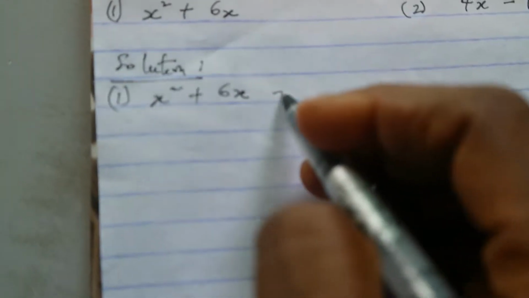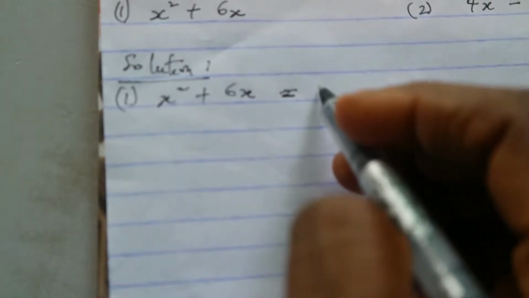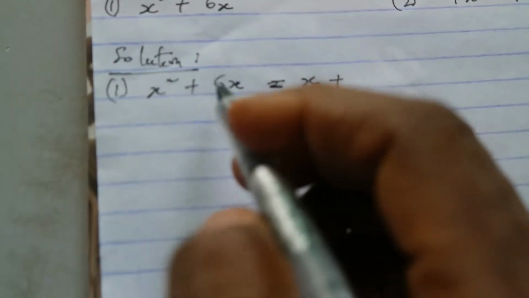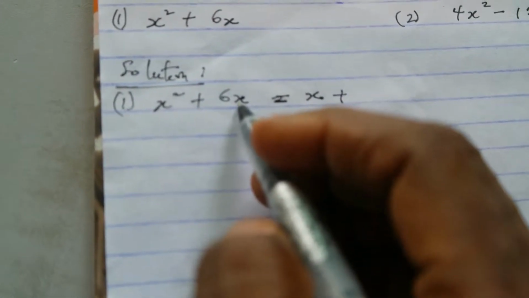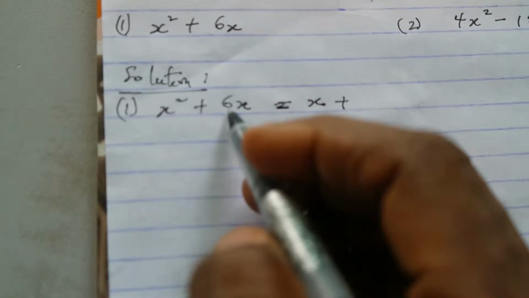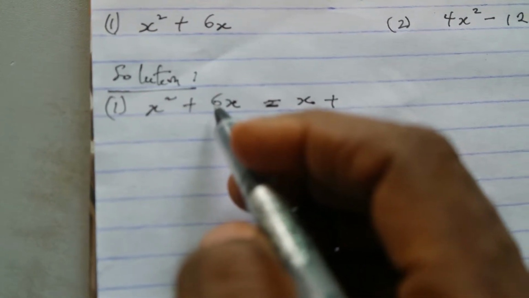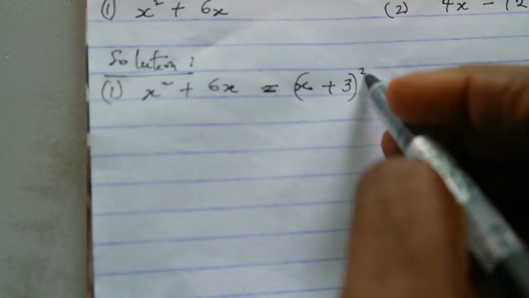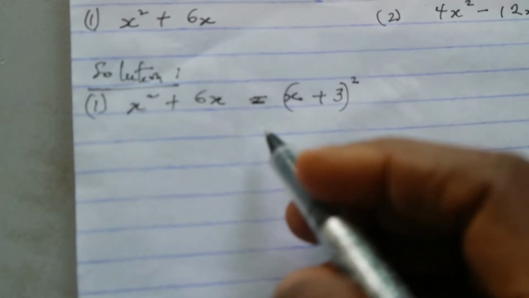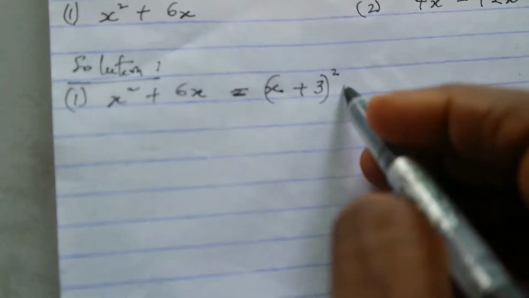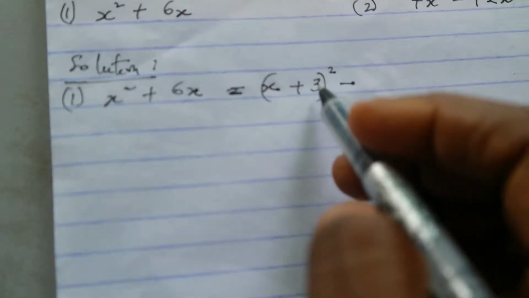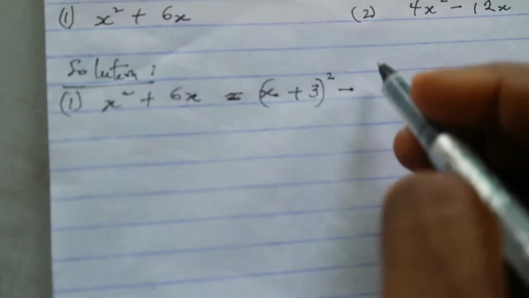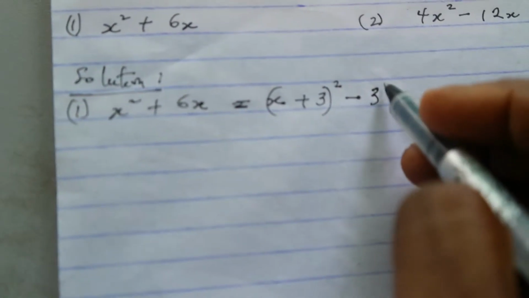So we're going to write it as x plus half of the coefficient of x here. The coefficient of x here is 6, so half of 6 is 3. So you put 3 here, then all squared. Then we introduce minus the square of whatever number we have here. We have 3 here, so we put 3 squared here.